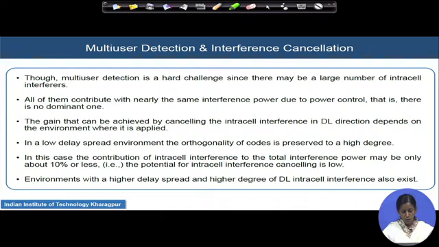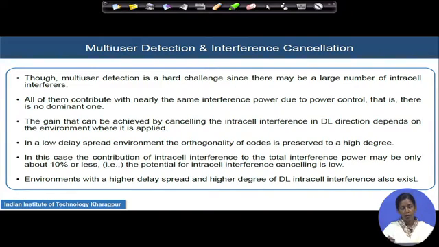The contribution of this intra-cell interference to the total interference power may be only around 10% in such a situation where there is a low delay spread environment, and in that case the cancellation not only involves a lot of signal processing, but the gain from it also will be less, because they are not creating very much interference, because the code itself is taking care of it.